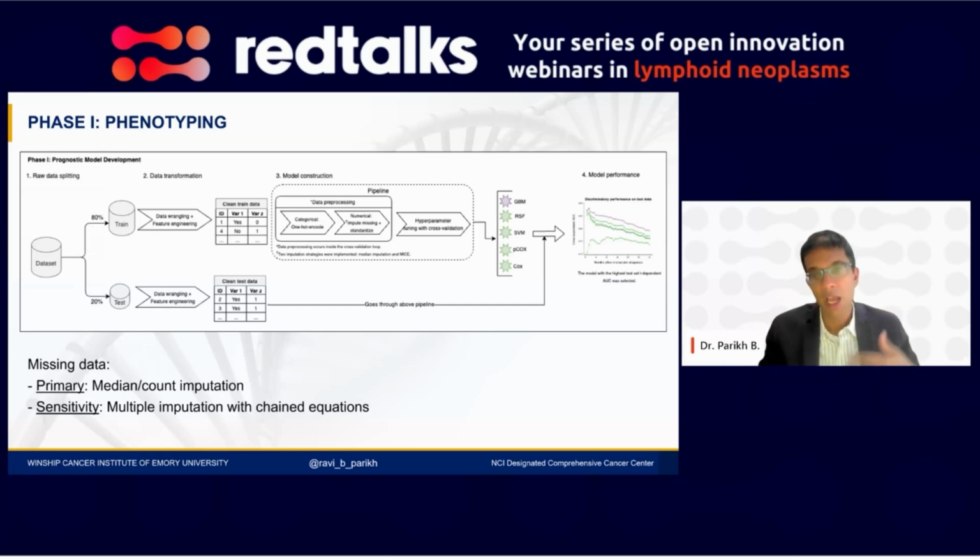And so oftentimes we have to impute missing variables to allow these models to function. So we used relatively standard imputation models to try to ensure a lack of missingness in our overall data sets here.